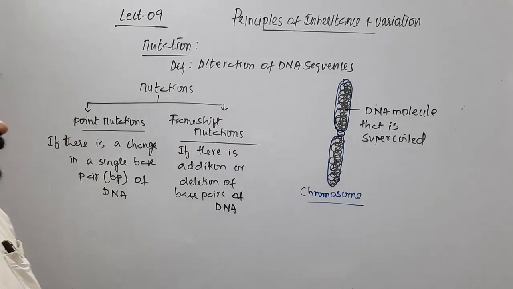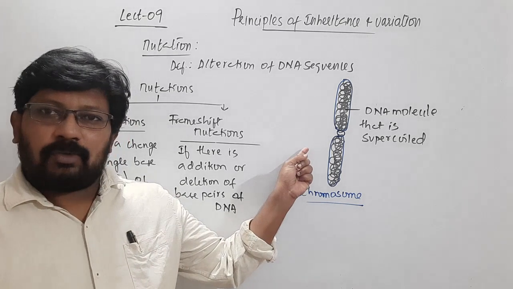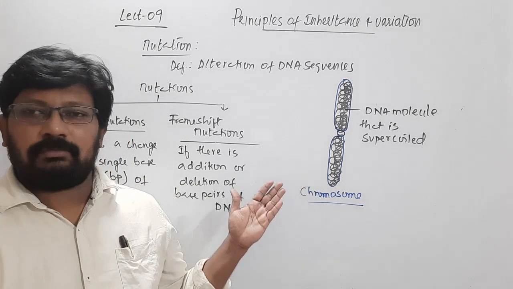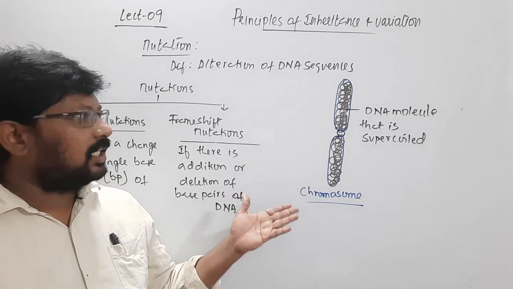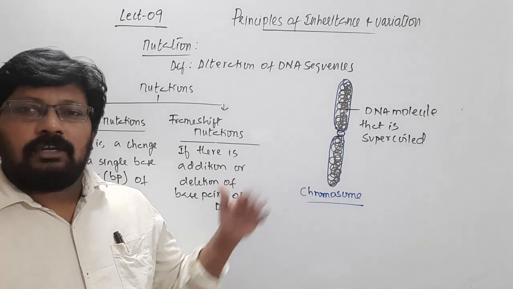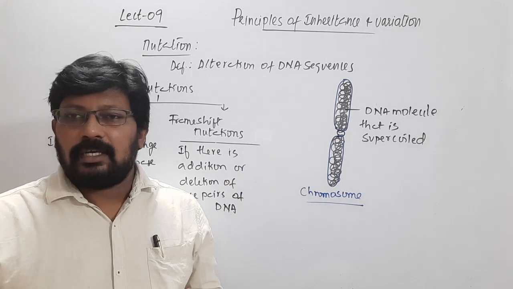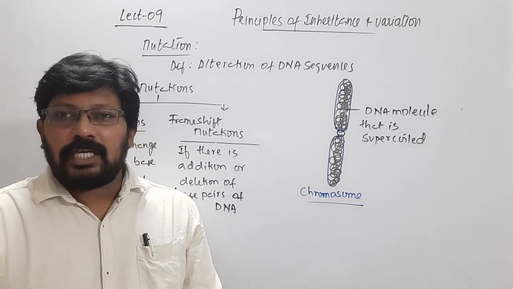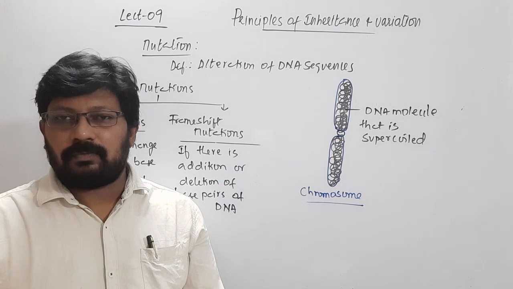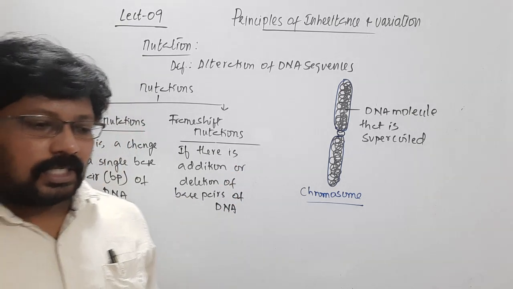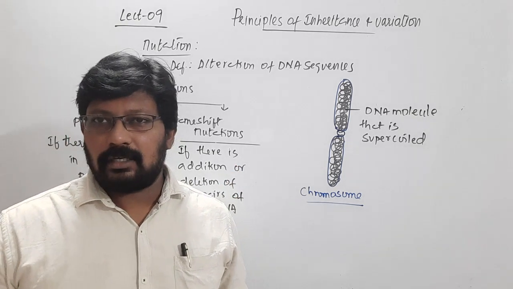Now if there is a change in the DNA molecule, just as we have seen in a point mutation, any change in the DNA molecule will definitely have an effect on the chromosome also, because the chromosome is nothing but the DNA molecule.